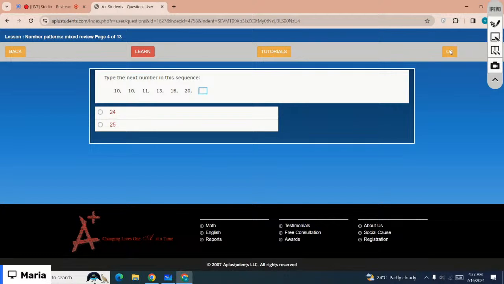You have to add 5 because 16 plus 4 is 20. So 20 plus 5 is 25 it is.